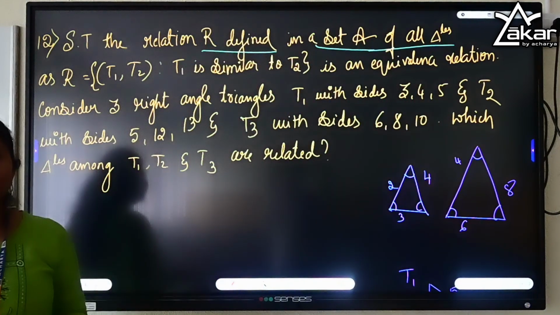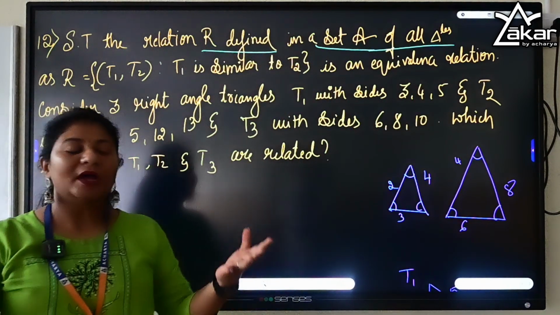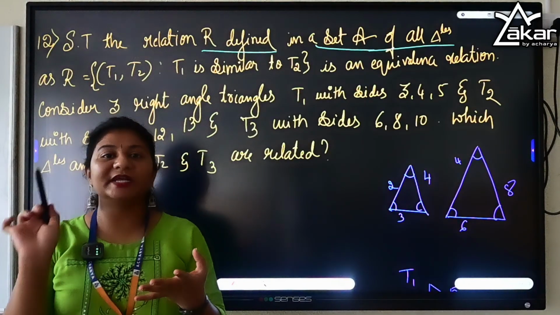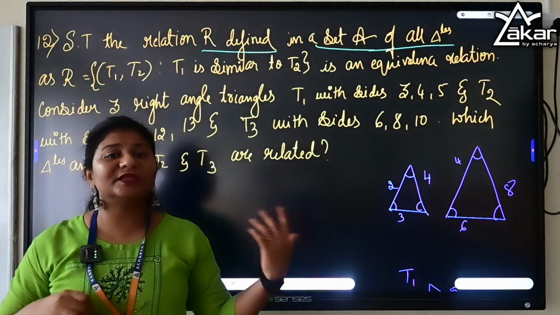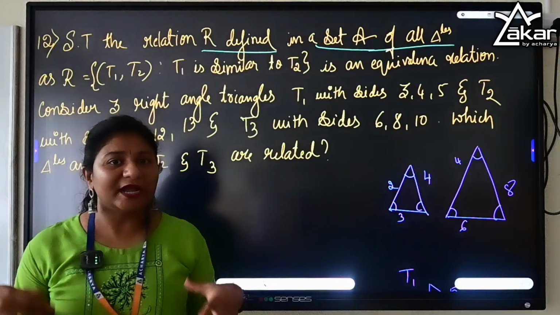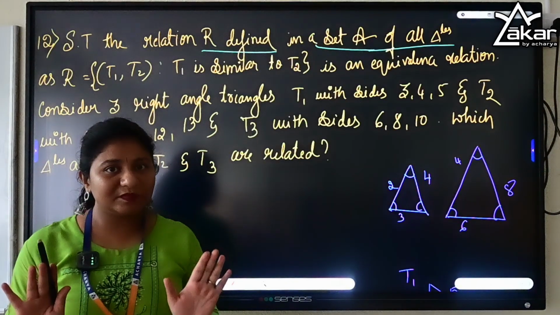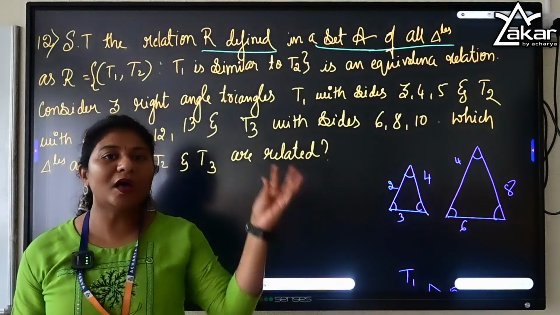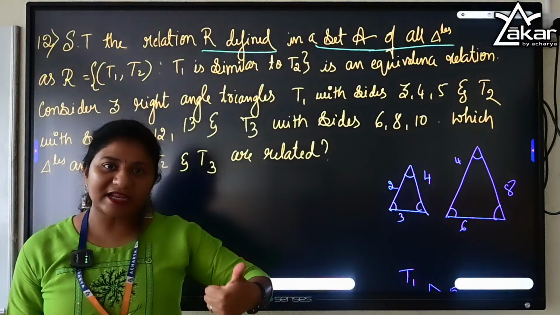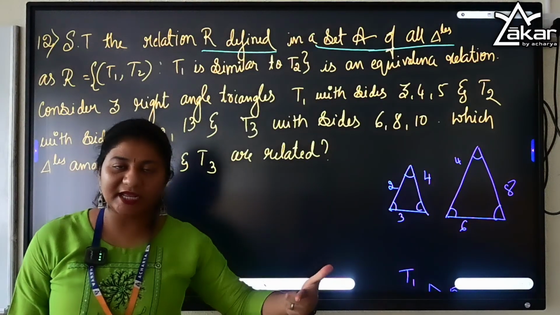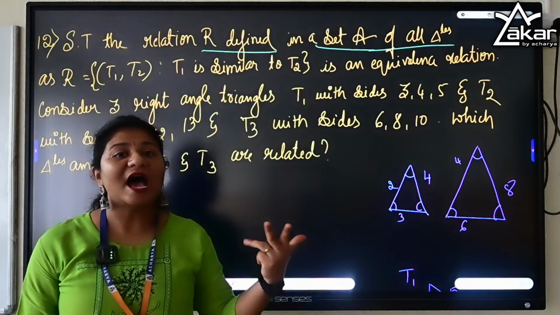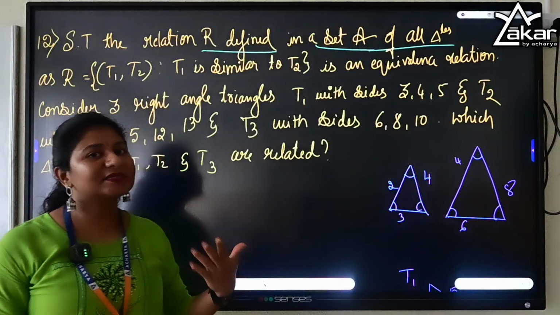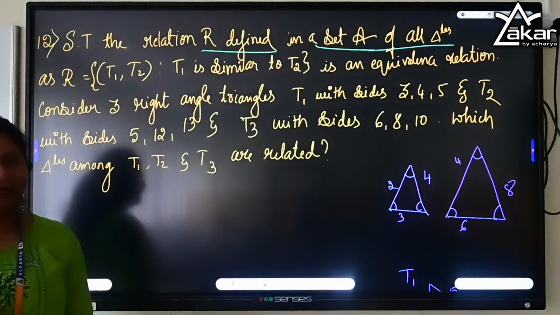Obviously it includes equilateral triangles, right angle triangles, isosceles triangles. So these kinds of many triangles will be present in set A. The common set is all kinds of triangles.